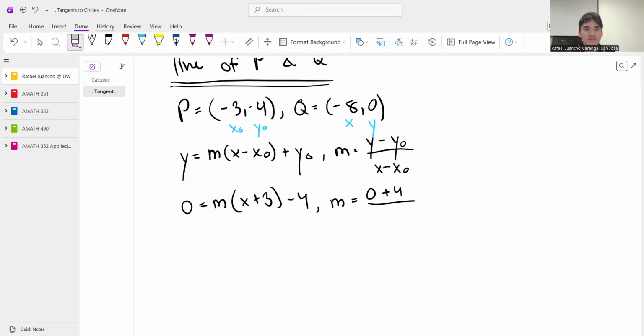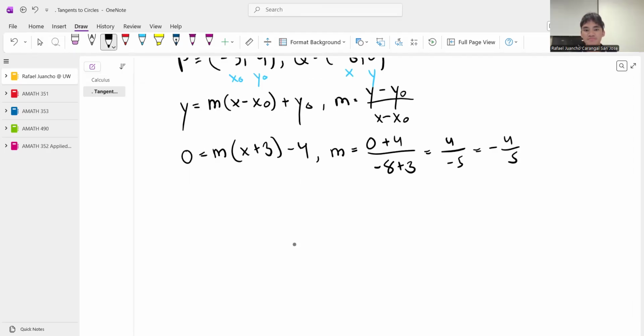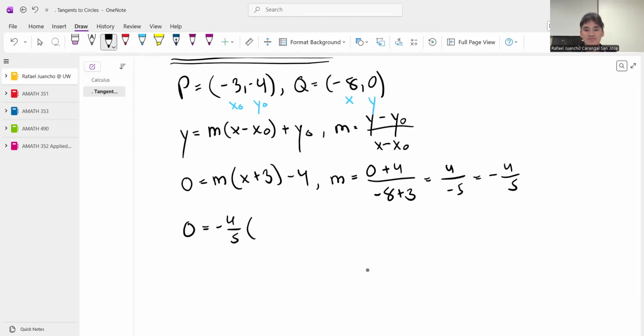Oops, -8 minus x naught plus 3. So that's 4 over -5, or -4 over 5. That's my m, right? So we get something that looks like this. Oh, but I forgot my x though. I think this was -8, I said.